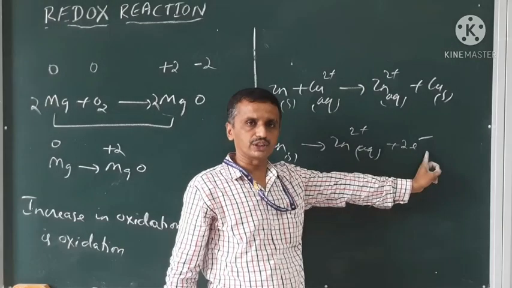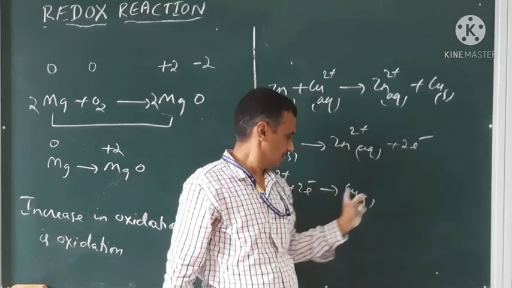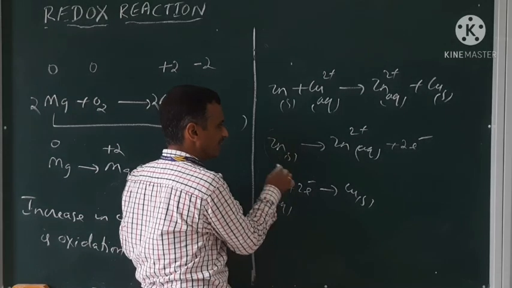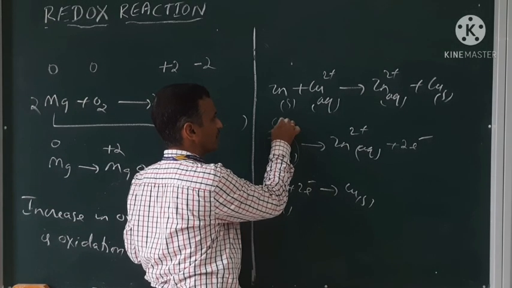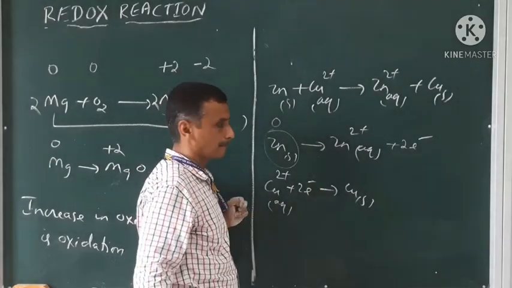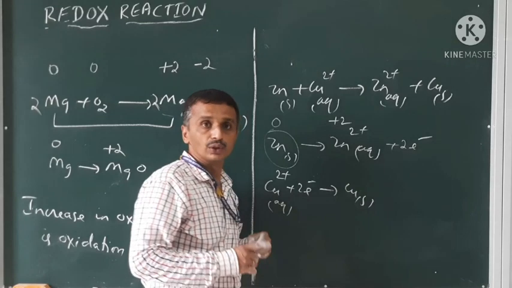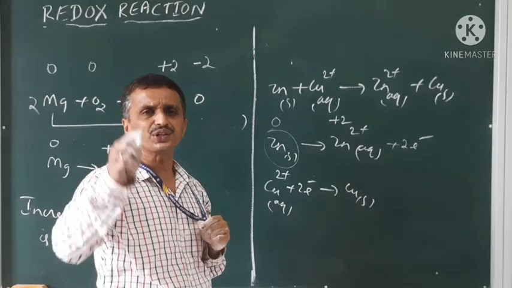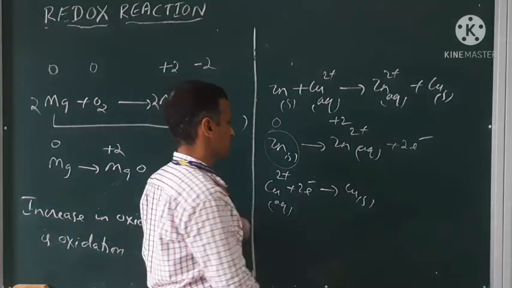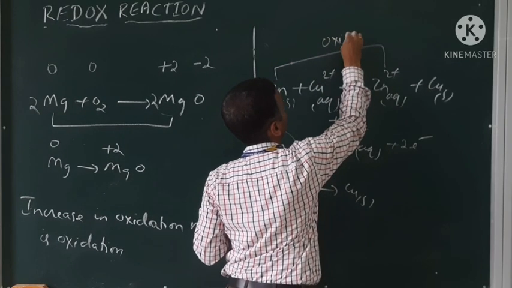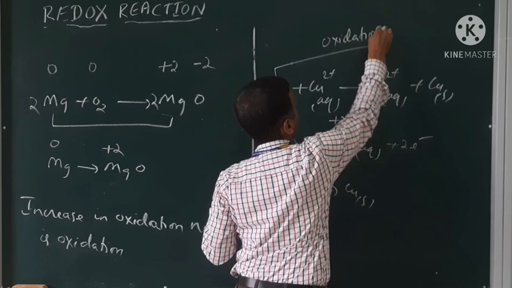So loss of electron is oxidation, gain of electron is reduction. Zinc is in the elemental state, oxidation number 0, whereas here it is in the plus 2 state. 0 to 2, increase or decrease? Increase. So this is undergoing oxidation because there is an increase in the oxidation number.